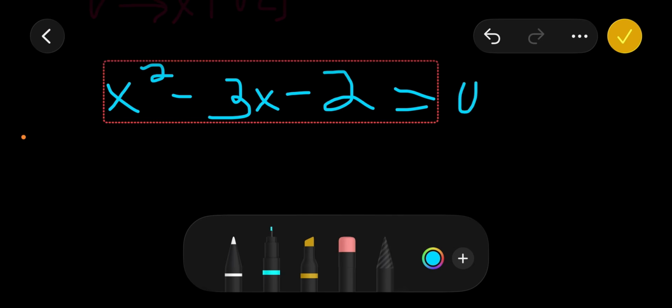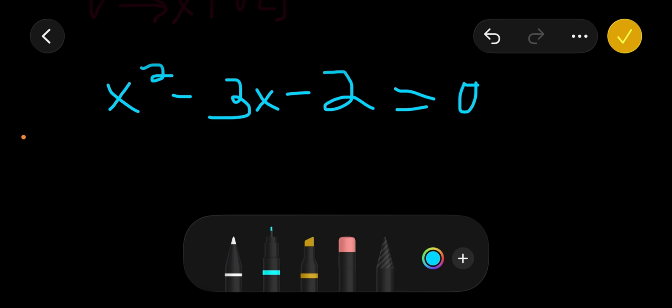Now we're supposed to solve for x, but don't try factoring this. It isn't really going to end well. So instead, a mathematician invented the quadratic formula, and it helps us solve quadratic equations.